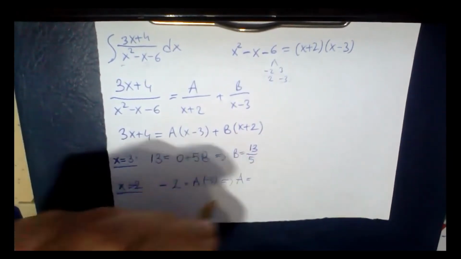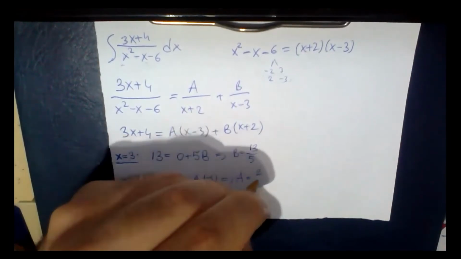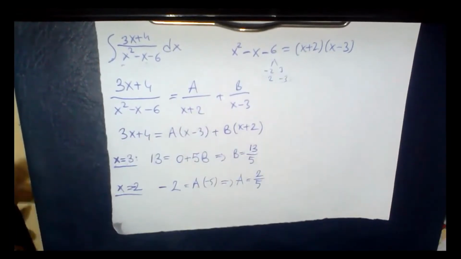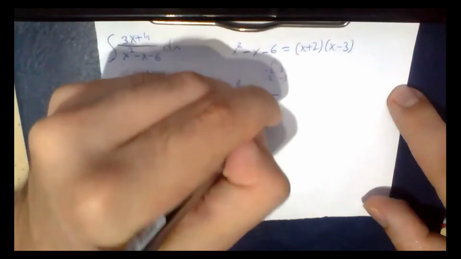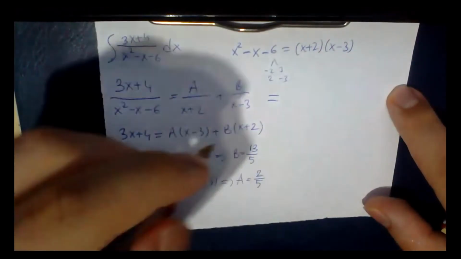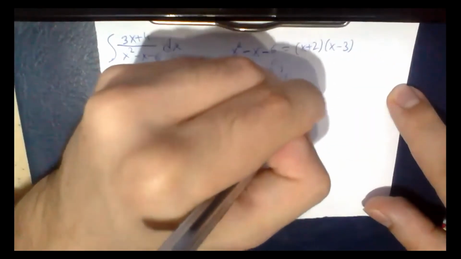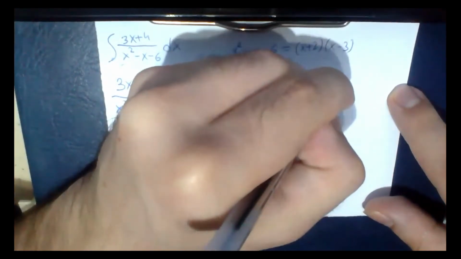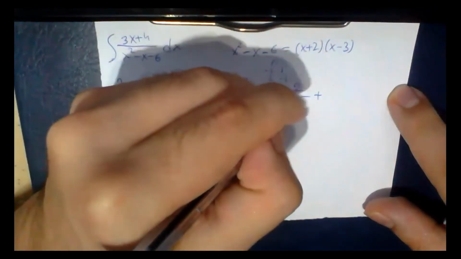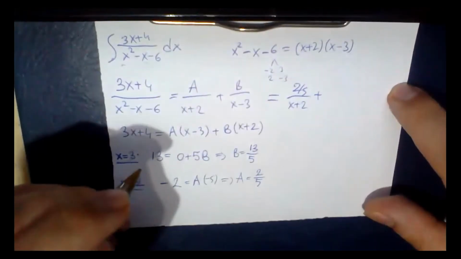Then a should be 2 over 5. So this part will be 2 over 5 times 1 over x plus 2, plus 13 over 5 times 1 over x minus 3.